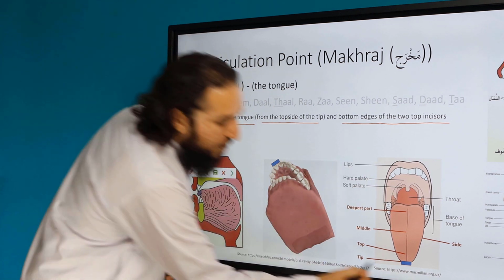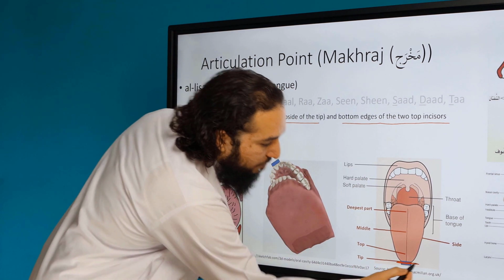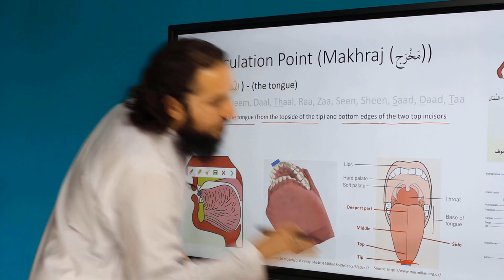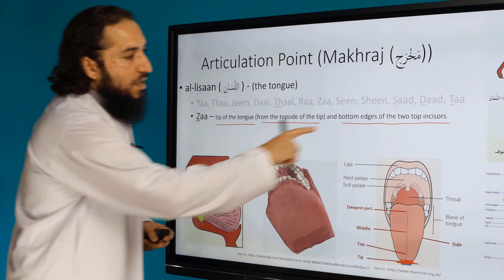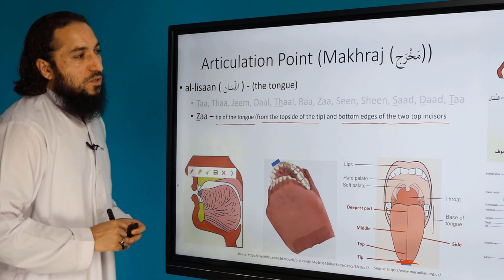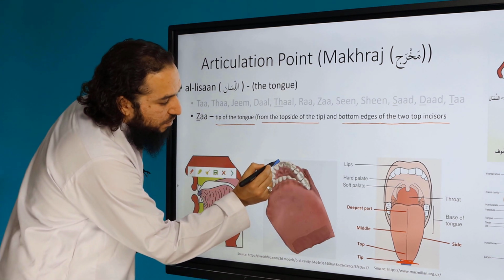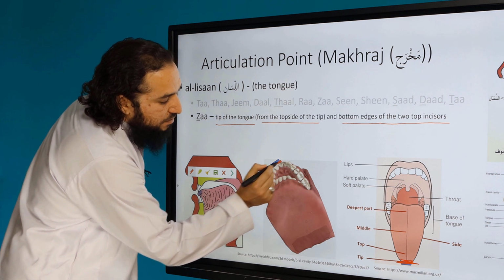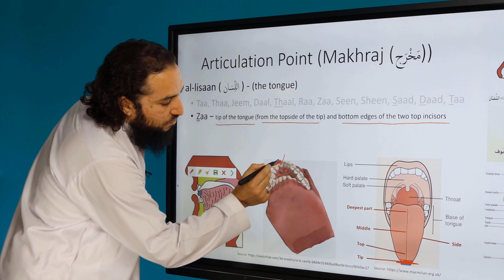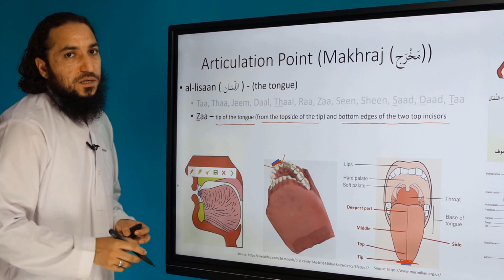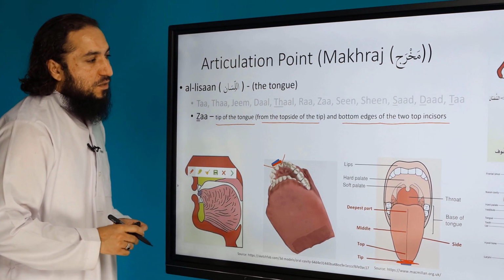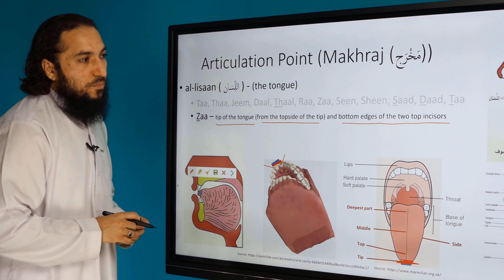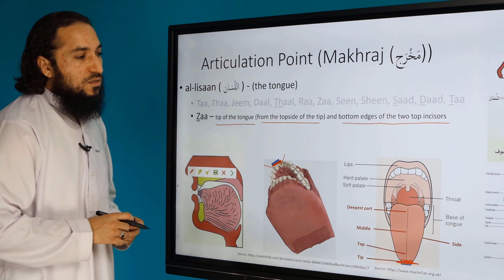So we use the top side of the tip of the tongue, and it is going to touch the bottom edges of the top two incisors. So this is incisor 1, this is incisor 2, and the tip of the tongue from the top side is going to touch the bottom edges of the two incisors when the sound for dha is produced.